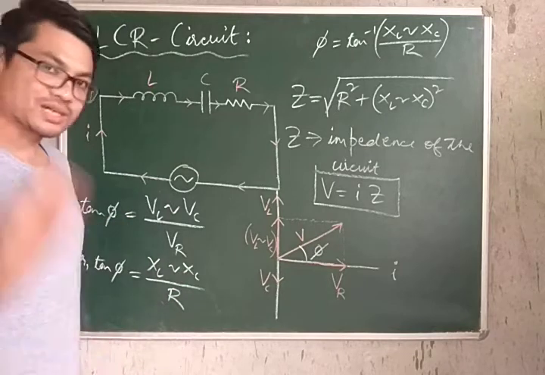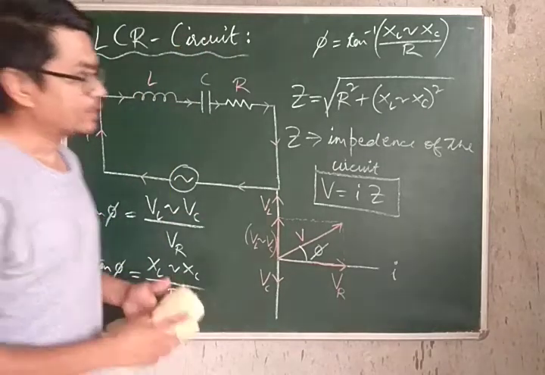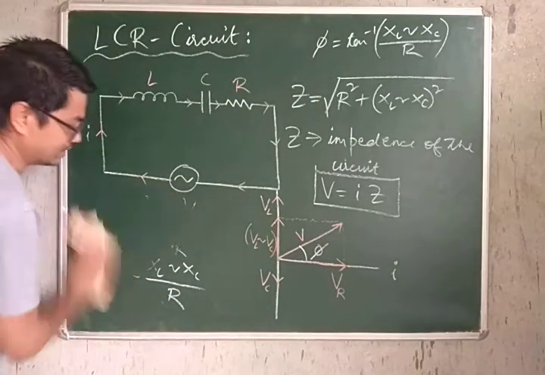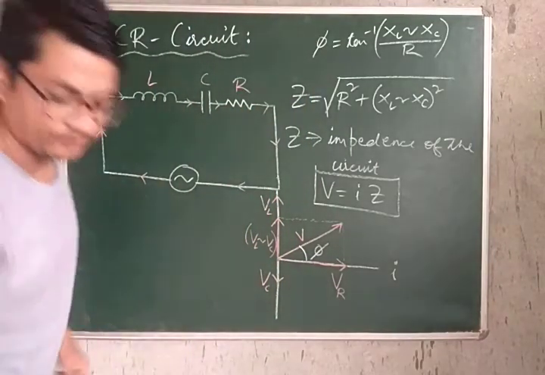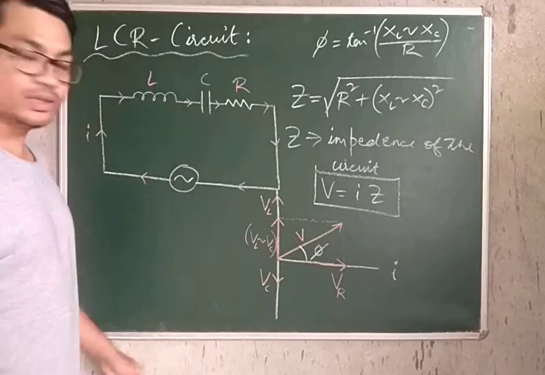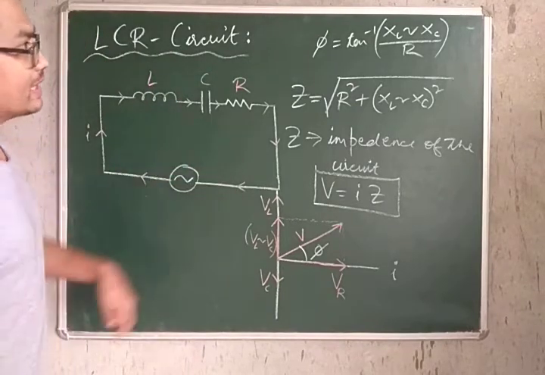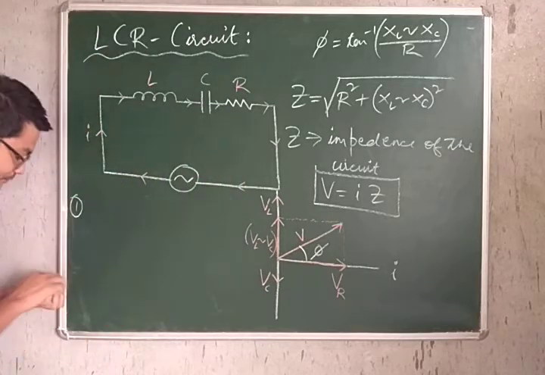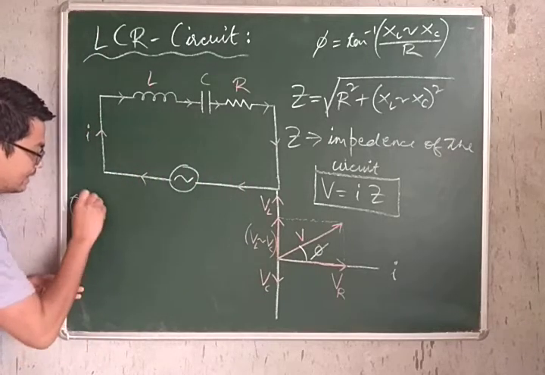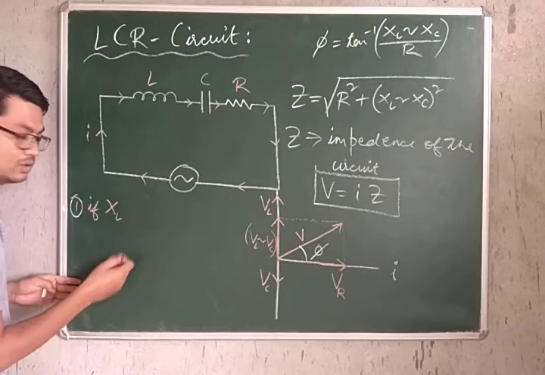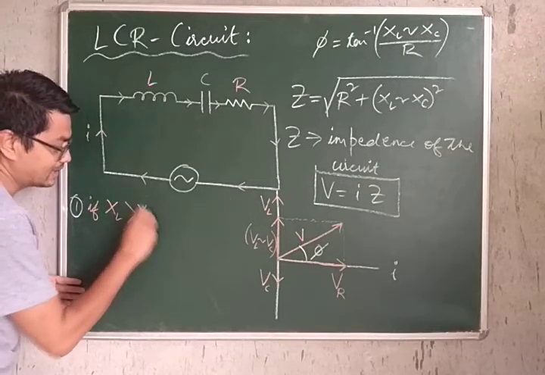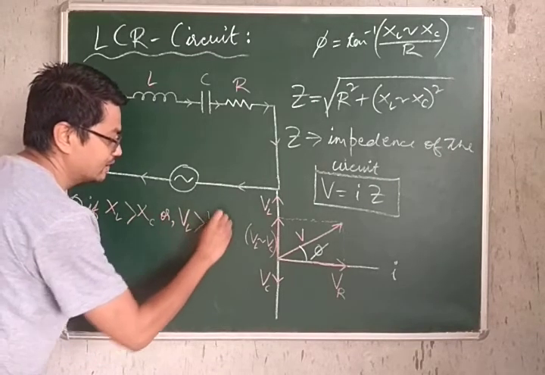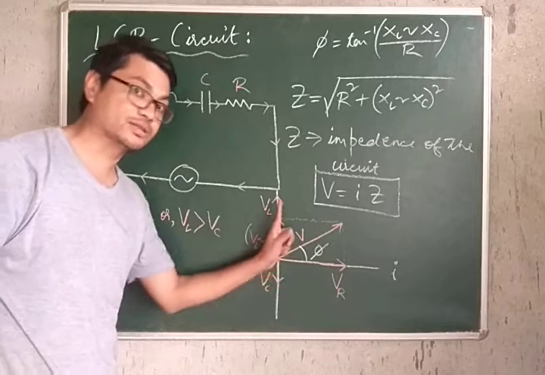Now we need to draw some conclusions out of it. So let me erase this part only here. So see, what are the conclusions that can be drawn? The conclusion that can be drawn is, number one, if XL is greater than XC, this means VL is greater than VC, the thing that we have considered over here.